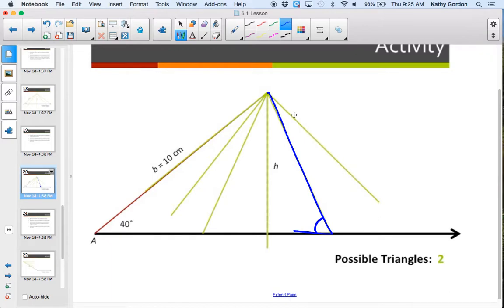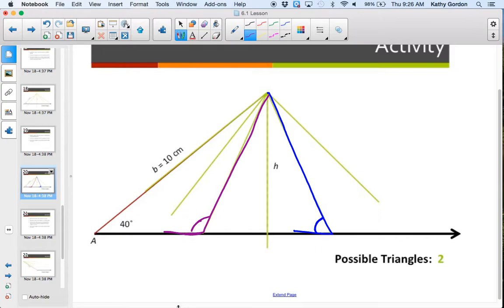But if we're making this one, then the angle across here is obtuse. So if you're trying to solve the two different triangles, knowing that in one case this angle across from side B, which would be the first one you'd look for because you have the side to go with it, is going to be acute, in the other case it's going to be obtuse.